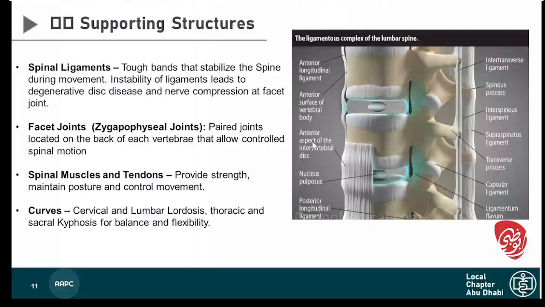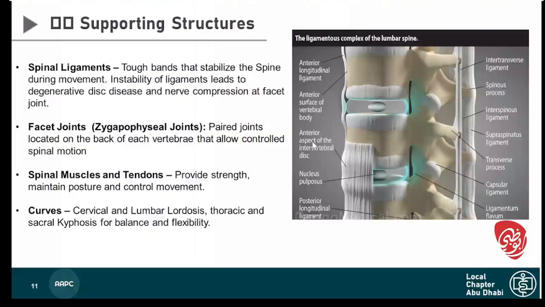It provides structural stability to the joint. The same function applies here. Spinal ligaments are a tough band that stabilizes the spine during movement. Any instability of the ligaments leads to degenerative disc disease and nerve compression at the facet joint.